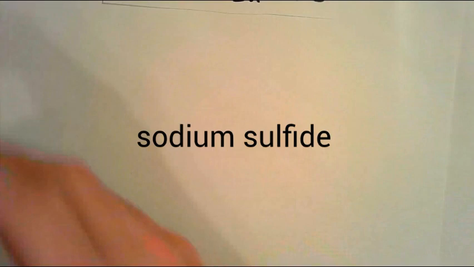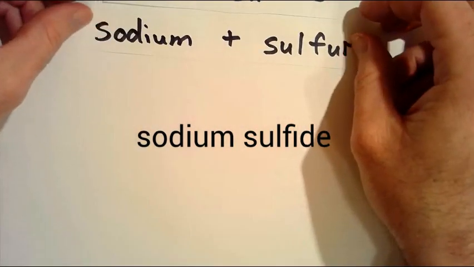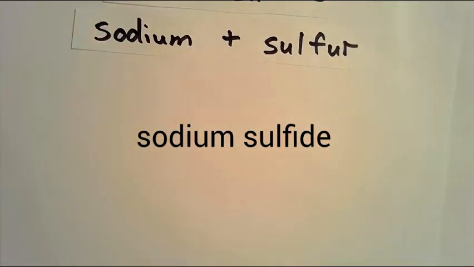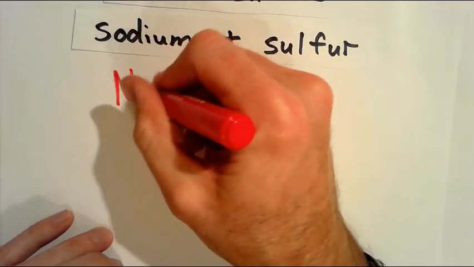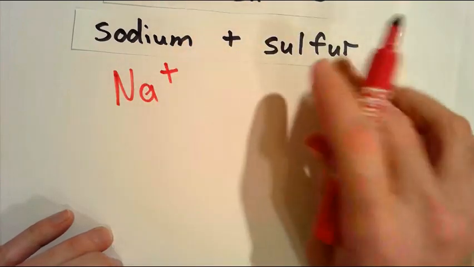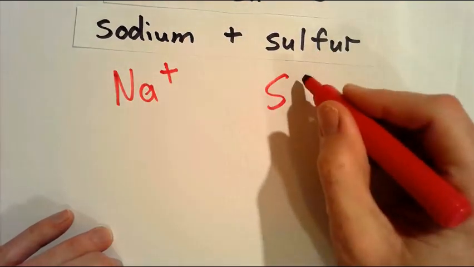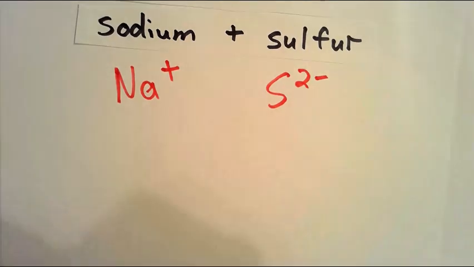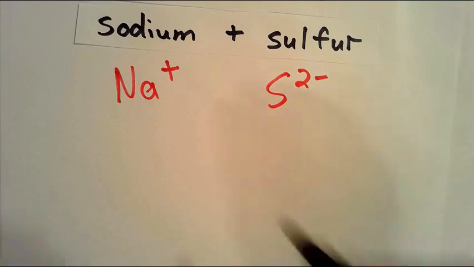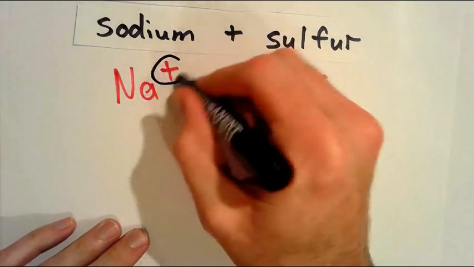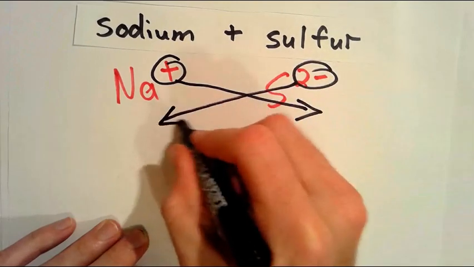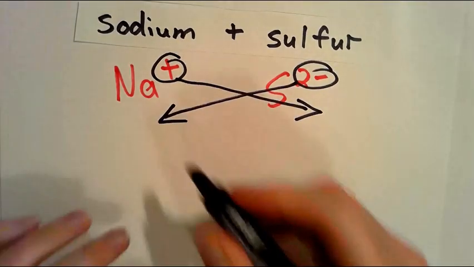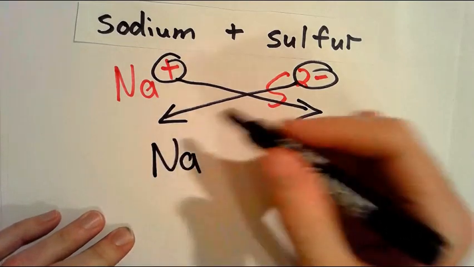Sodium sulfide will now have sodium plus sulfur. So sodium is a positive 1 charge, and sulfur is a 2 minus charge. Now I'll still need to do the crisscross method. And I will get Na.